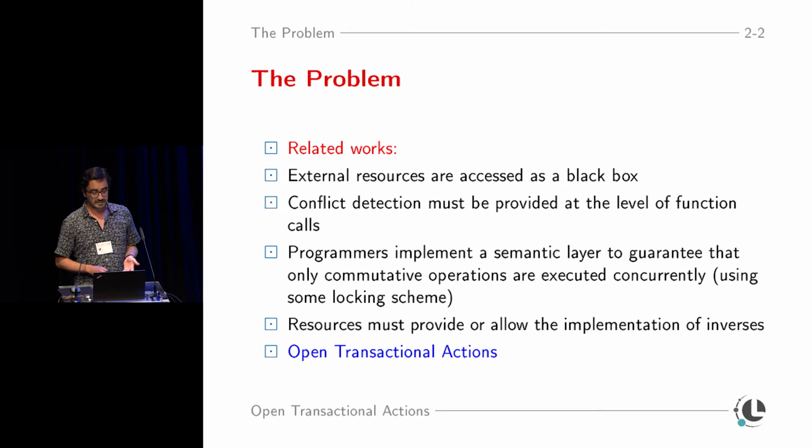So the programmers must implement a semantic layer on top of the resource to guarantee that only commutative operations are executed concurrently. Also, resources must provide or allow the implementation of inverses, for when the transaction aborts. This is the kind of access to resources that we want to provide in STM Haskell using Open Transactional Actions.